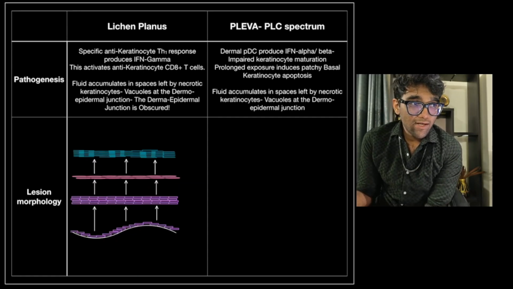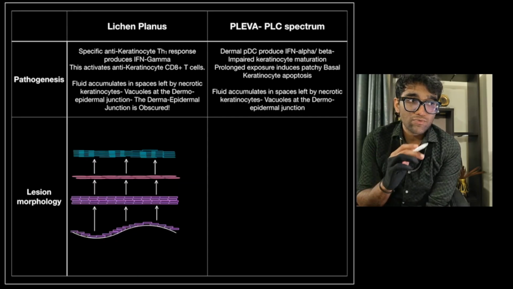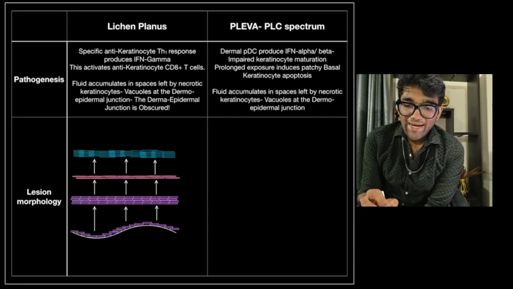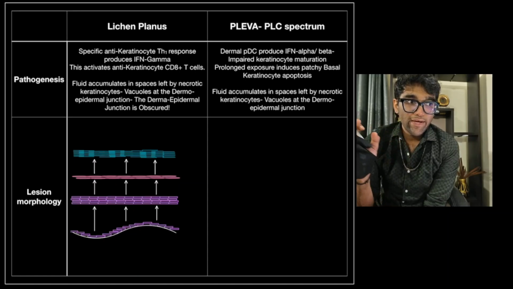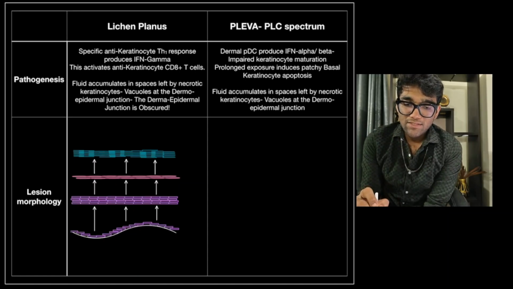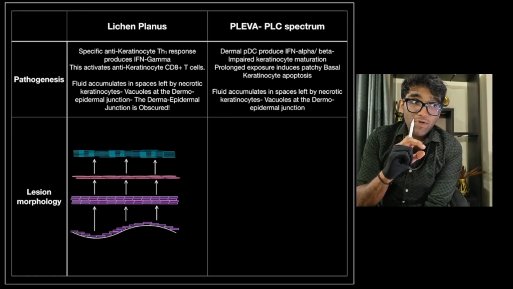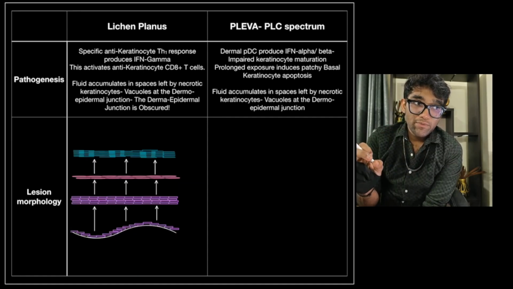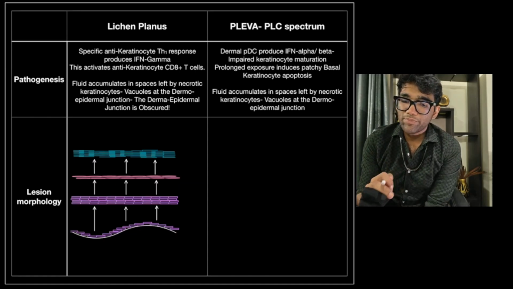Those cells attack the cells in the stratum basale of the epidermis, and that causes loss of the stratum basale cells. The space that is left results in fluid accumulation in that area, and that results in the development of fluid-filled vacuoles at the dermoepidermal junction and eventually complete obscurement of the dermoepidermal junction.